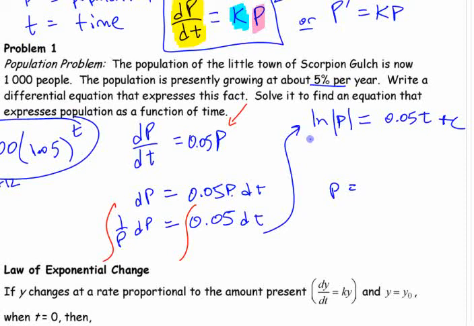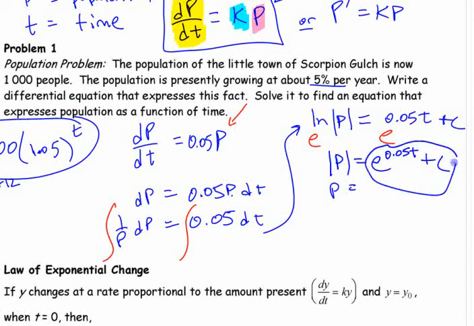You have to e both sides. Very precise mathematical language we've got going here. E to the 0.05t. In this particular case, you can leave out the absolute value brackets because this is always positive.